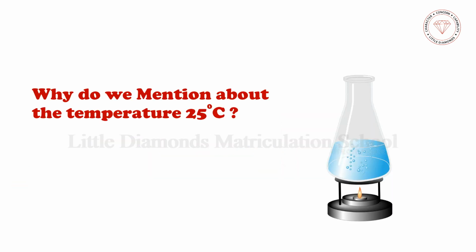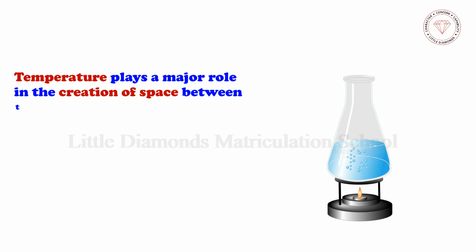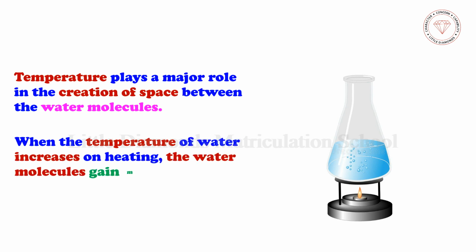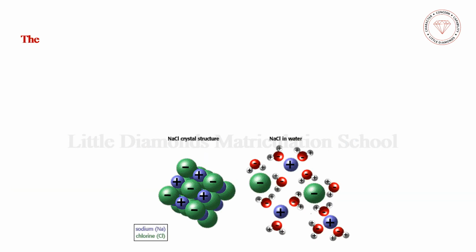Why do we mention the temperature 25 degrees centigrade here? Temperature plays a major role in the creation of space between the water molecules. When the temperature of water increases on heating, the water molecules gain more energy and move faster, creating more space between them. The space created helps in filling more salt.